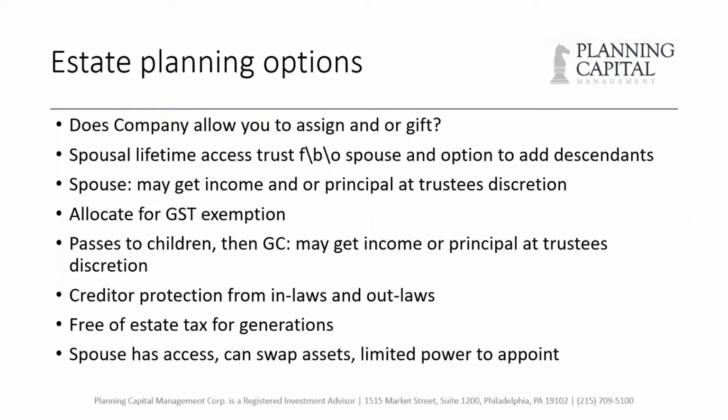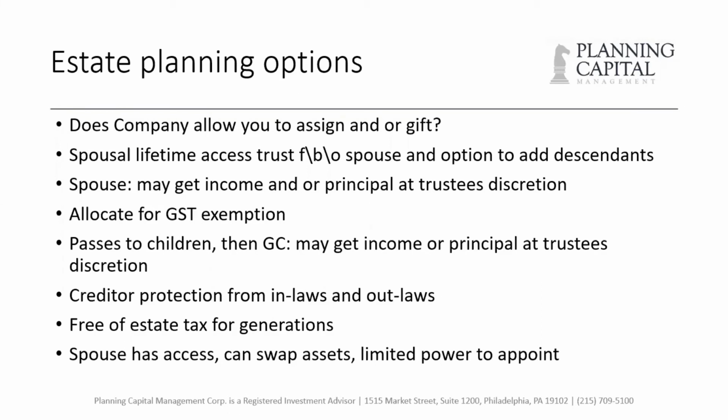If you are able to gift and you like the idea of gifting the asset, getting it out of your estate before there's hopefully explosive growth, you're going to want to think about, well, what is the best entity to gift into? So, for example, you can gift interest outright, so long as the company allows it.